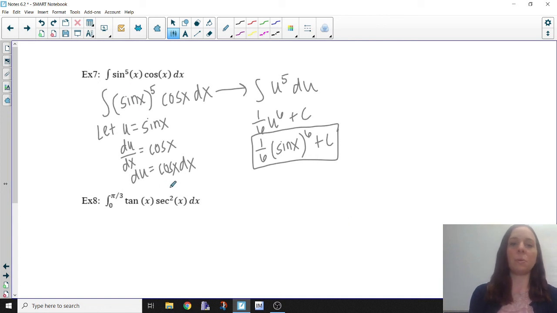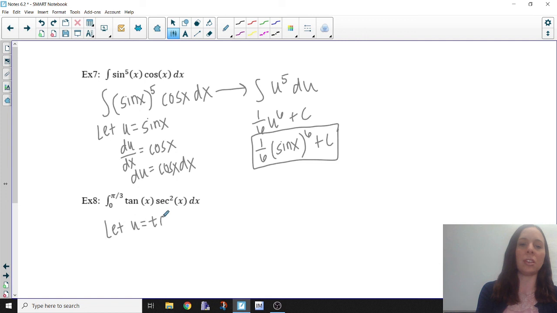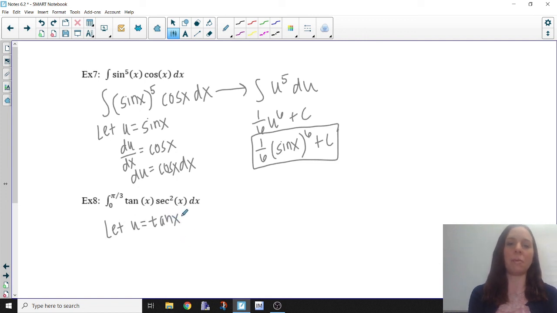Okay, so for this one, there's a couple of different routes you could take here. You see a composition here. However, secant squared is the derivative of tangent. So this might look a little bit weird at first, but I'm going to let u equal tangent x. I know that's kind of not what we've been doing, but here's why.